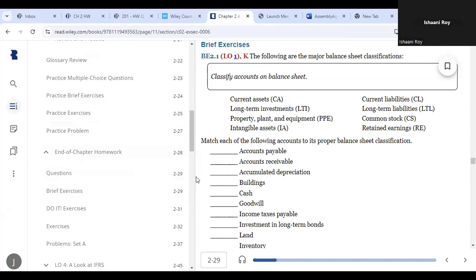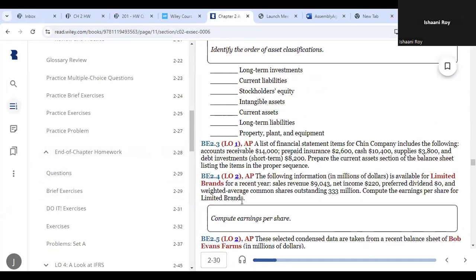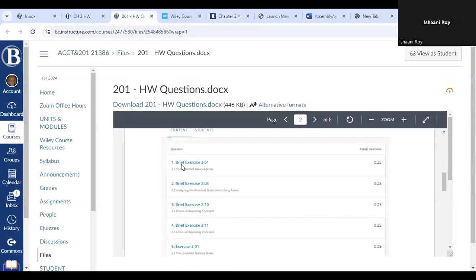So here's brief exercise 2-1, 2-2. The numbers are different than what you see in your online homework because this is in the order of the book. And when I pick questions, sometimes I don't pick all the questions that are in the back of your book for homework. Right. So here we have 2-1, 2-5, 2-10.